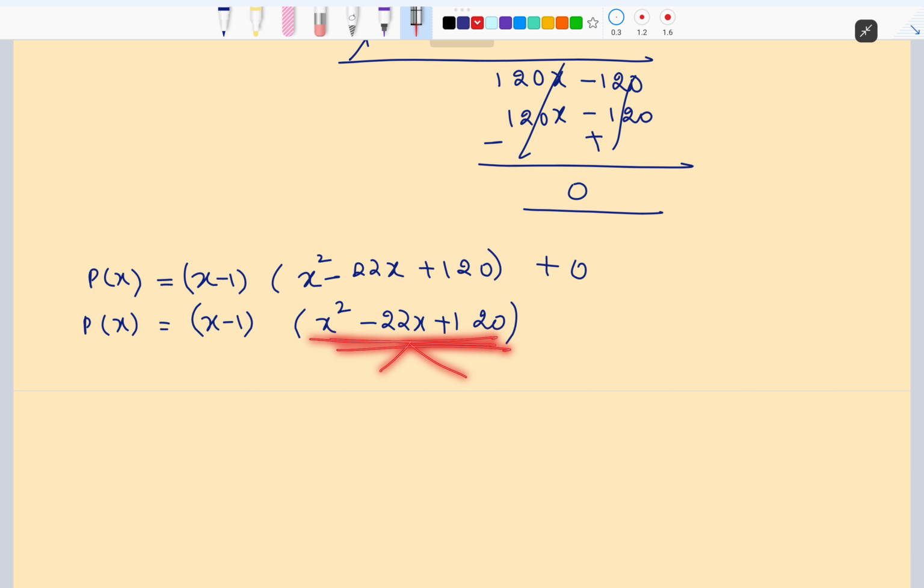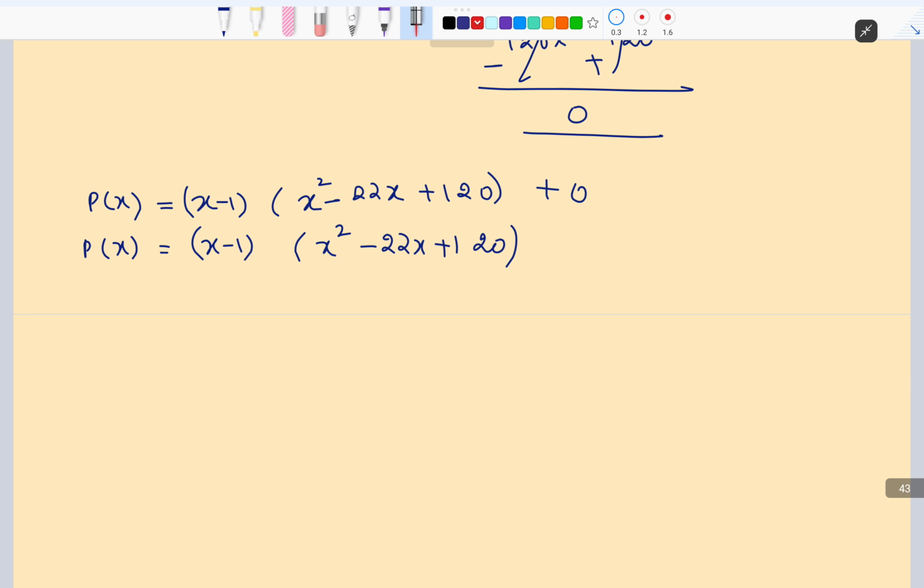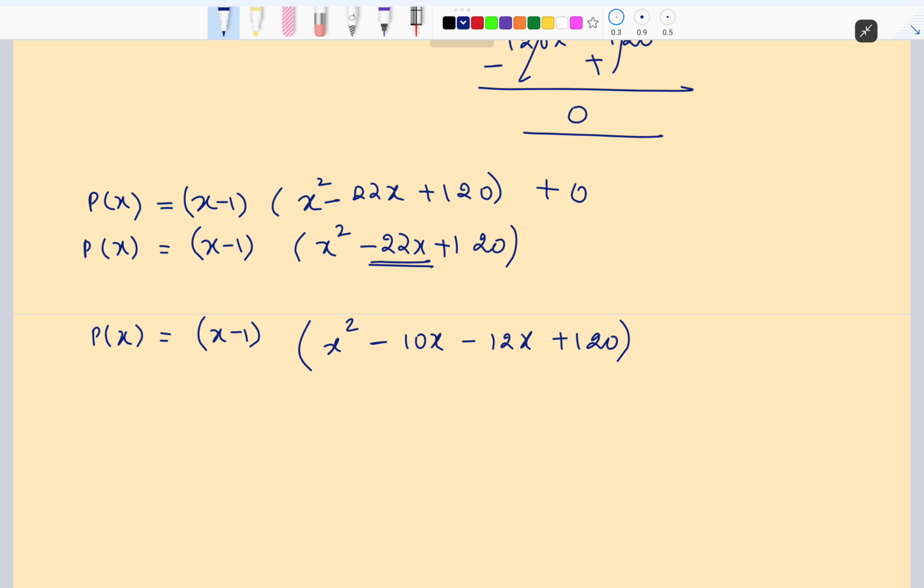I can simply factorize it using splitting the middle term. Let's do it. So p of x will be x minus 1. I can split 22x as x square minus 10x minus 12x plus 120, right?